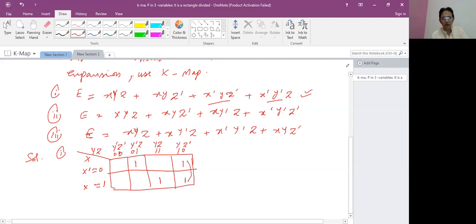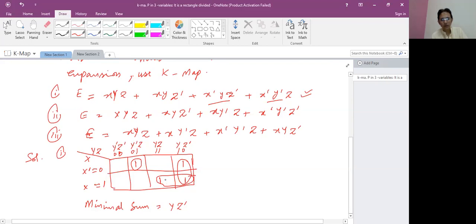So student, there are two loops and one single one, so for the minimal sum, the single one has no common value. The first expression we write is y z complement, which is common in this loop.